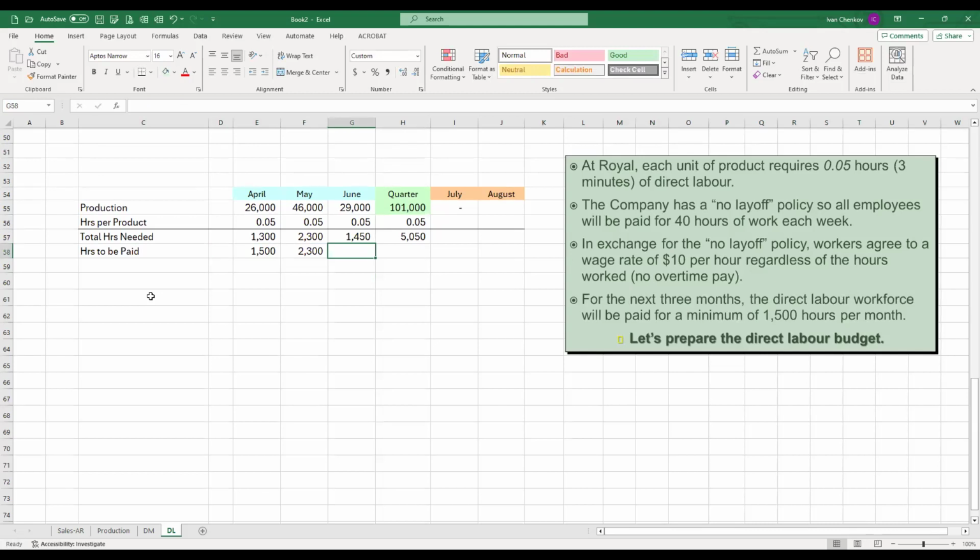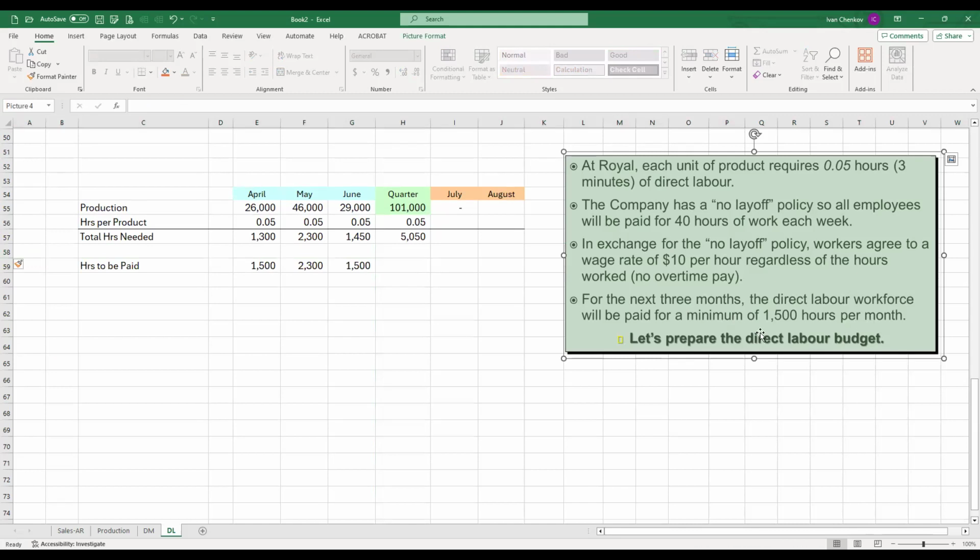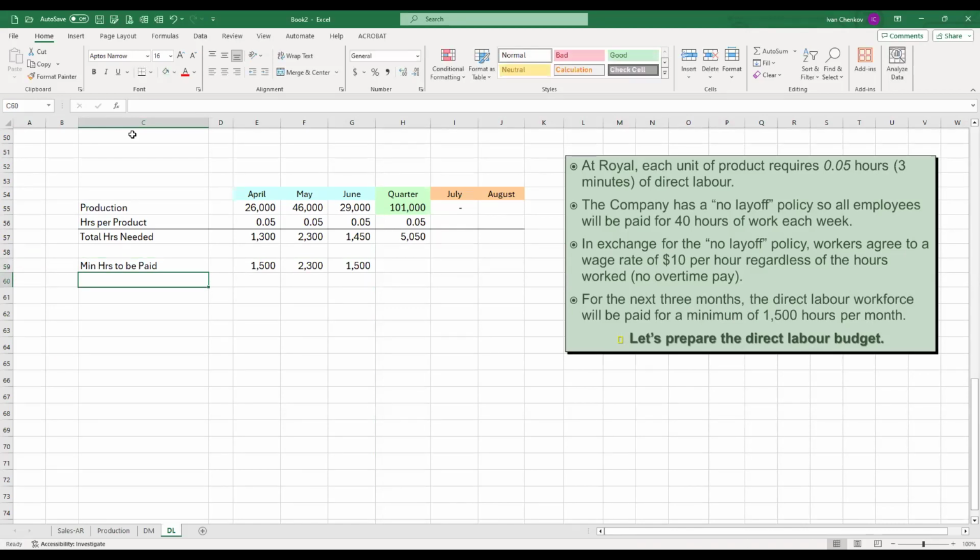How about in June? 1,500. Why 1,500? Because that's what says in the question here. The question says that I'm gonna pay minimum hours to be paid 1,500. Here we're gonna pay whatever they work, 2,300, and the June we're gonna pay that.